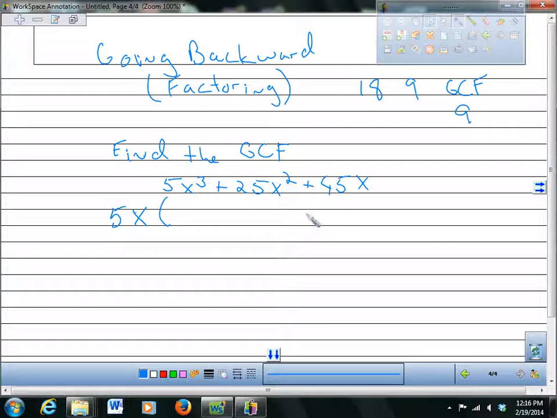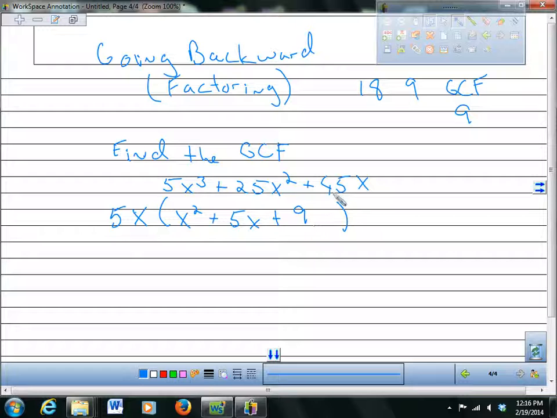Because when I factor that, this one they'll just say find the GCF. But if I did factor that, that would be an x squared plus a 5x plus a what? 9. Do you guys see where that came from? Because this times this gives you this. This times this gives you that.